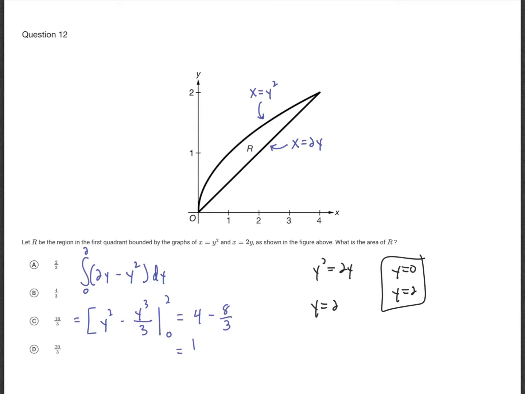And then 4 is 12 over 3. Get a common denominator. And then that's 4 over 3. That's right. Okay, and that's it.